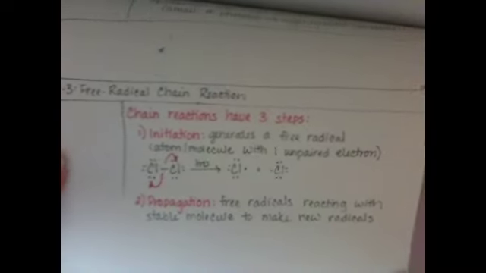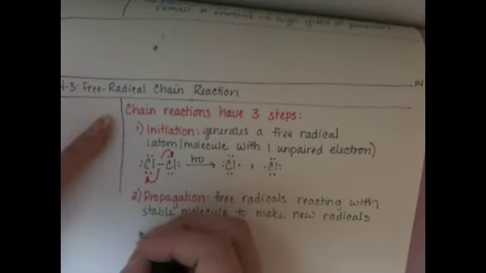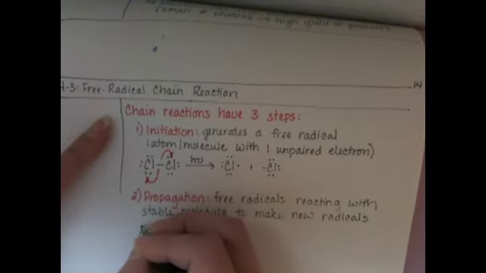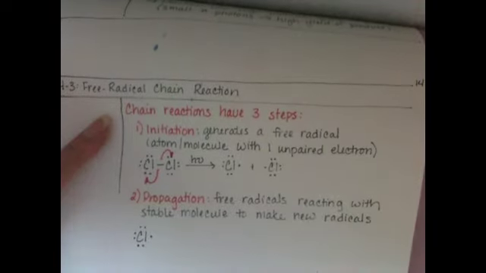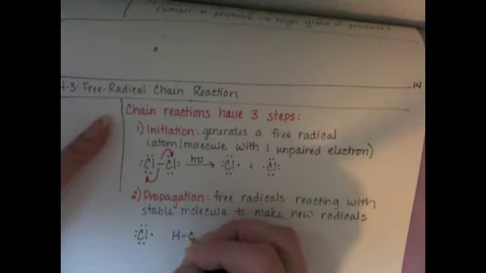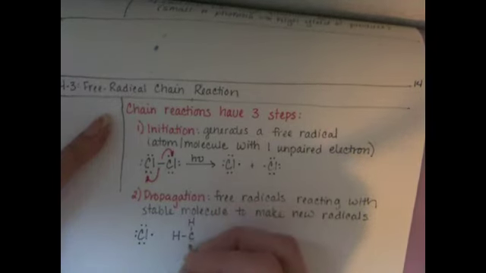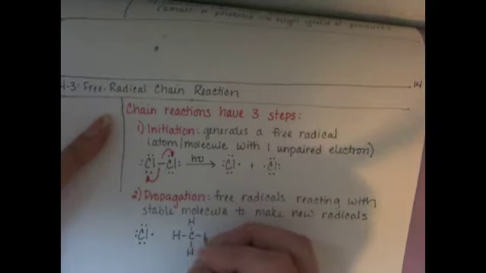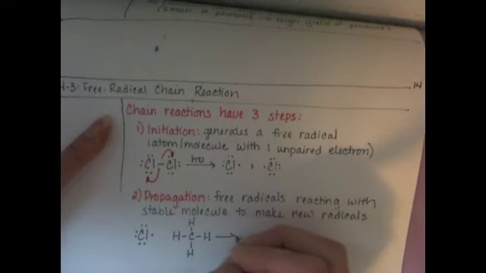Now in this chlorination reaction, our chlorine radical in one of the propagation steps reacts with a molecule of methane, which is very stable.